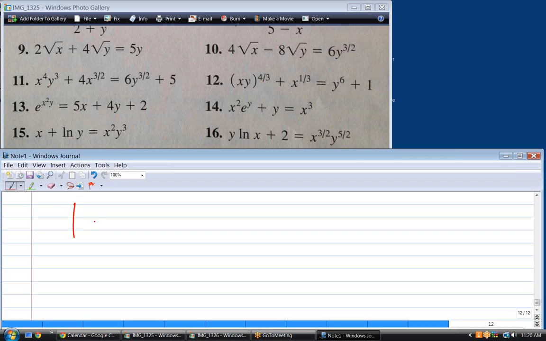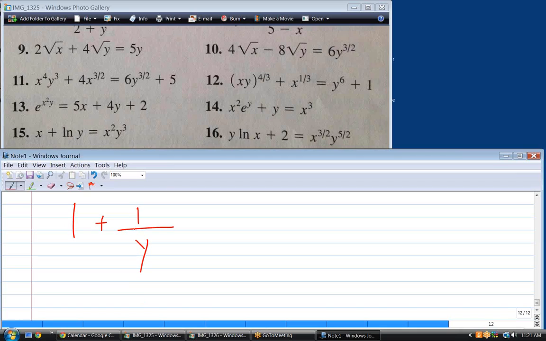So be 1. And then this one I always have troubles with. You got to memorize what the derivative of natural log is. It's the reciprocal, 1 over y. Okay.